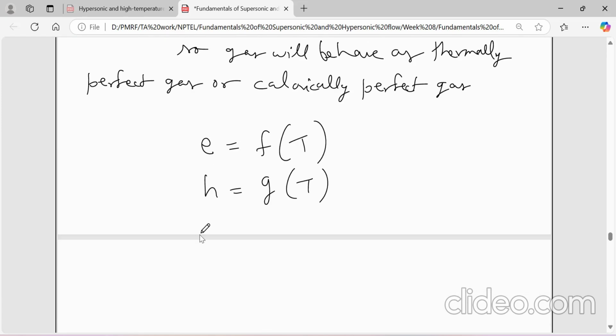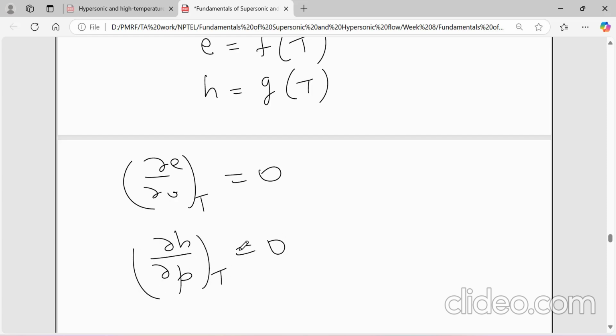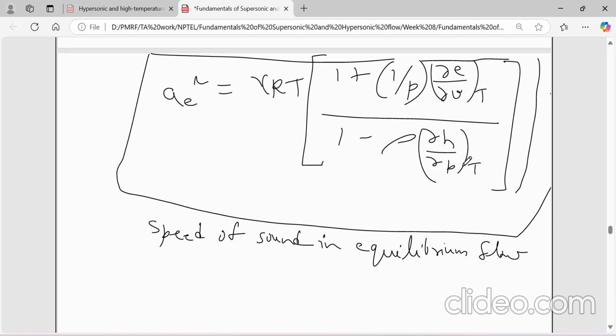So what will happen is that dou E upon dou V T will be 0 because temperature is constant, so its derivative will be 0, and dou H upon dou P T will also be 0. At constant temperature, the value of H and E will not change.